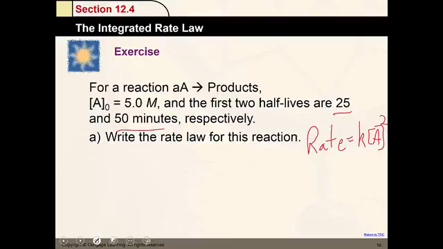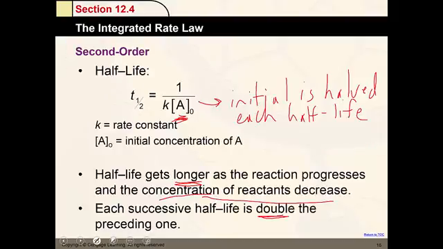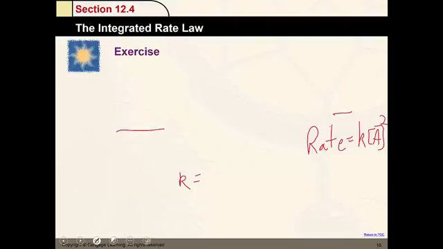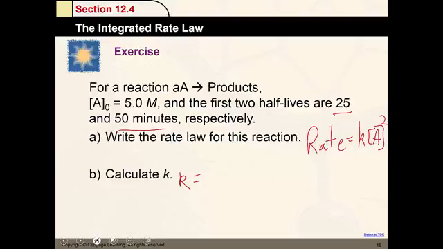since the half-lives double. Okay, now if we want to calculate k for this first part, we know that k, if we rearrange this equation for half-life, if we arrange this for k, we get k is equivalent to 1 over T1/2 times initial concentration.